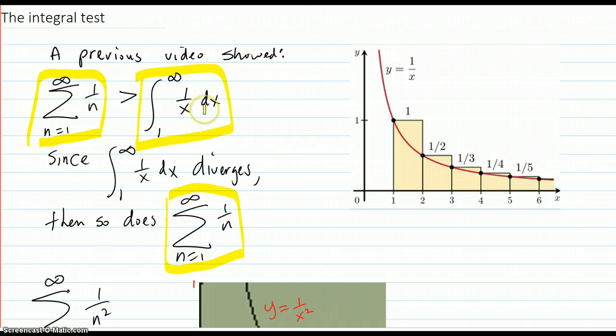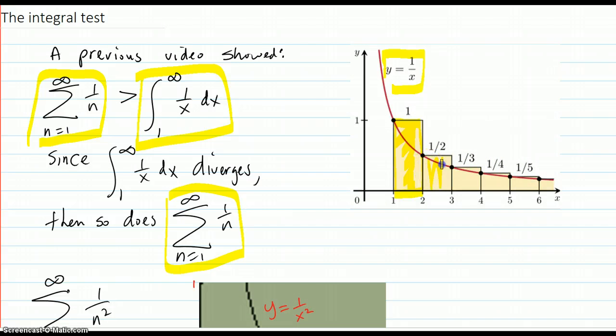The comparison to that integral was done by graphing y equals 1 over x, and then noticing that these bars here, or left sum rectangles, had areas that were equal to the sequence values: 1, 1/2, 1/3, 1/4, 1/5.